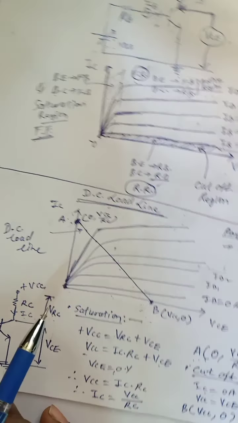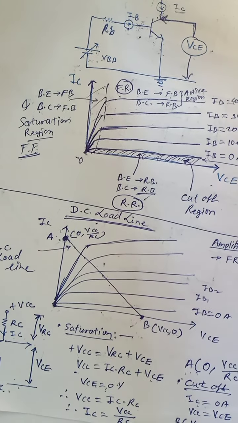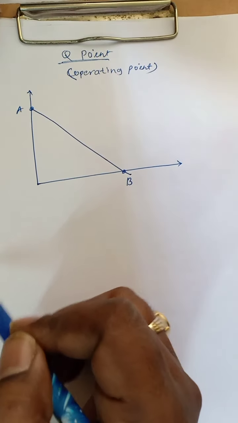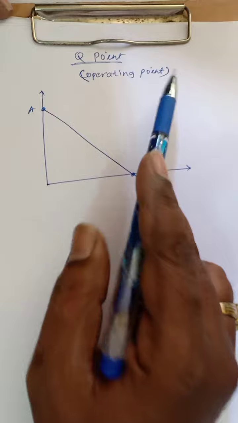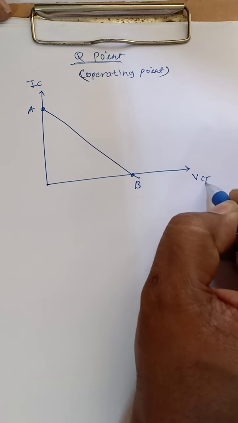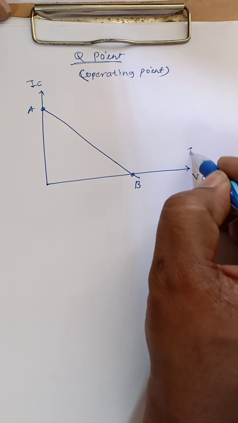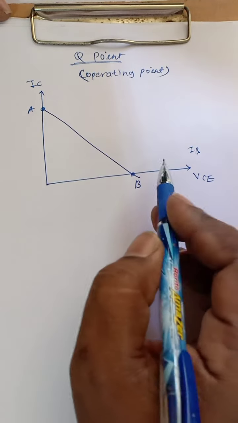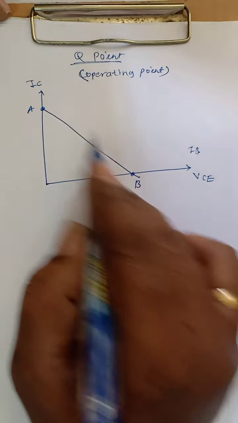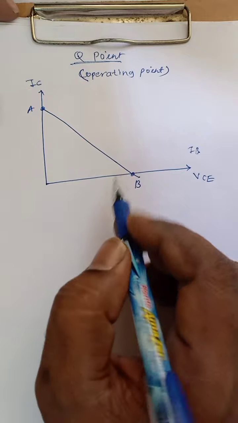Another main important concept is the Q point. Q point means the operating point of a transistor. This is the characteristic curve of the transistor, IC versus VCE for different values of IB. As we draw this line AB, that is the DC load line.